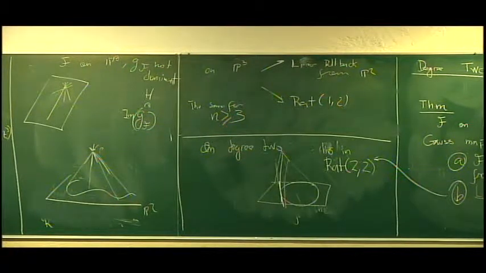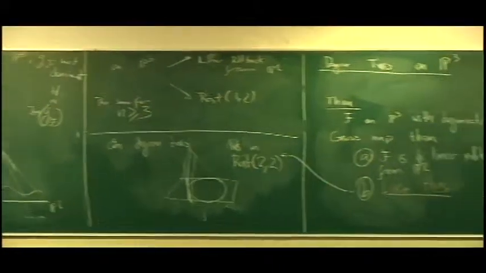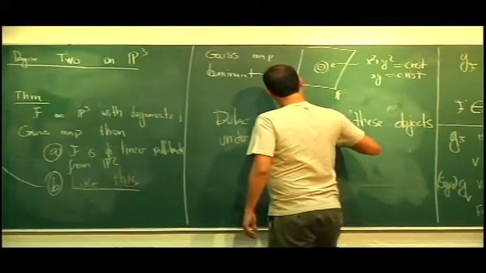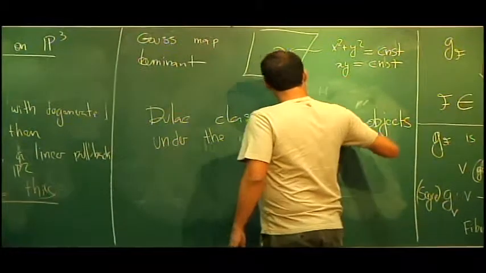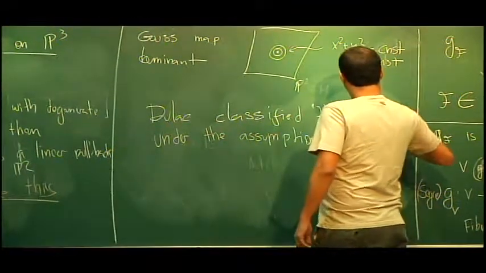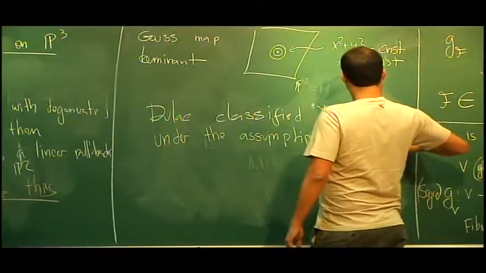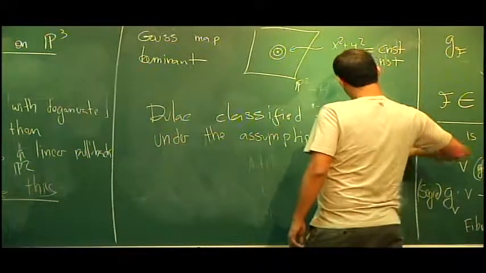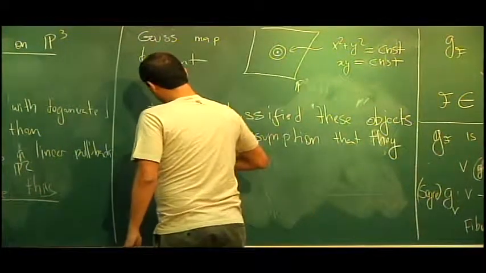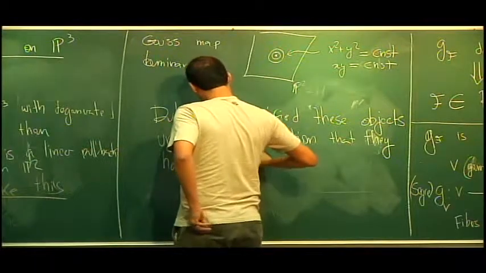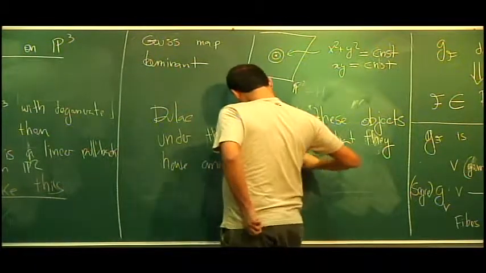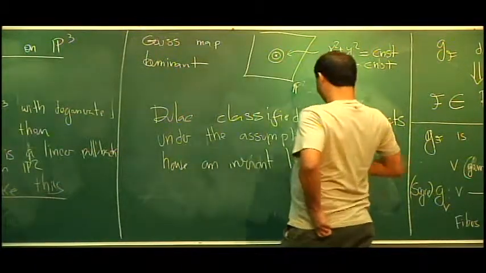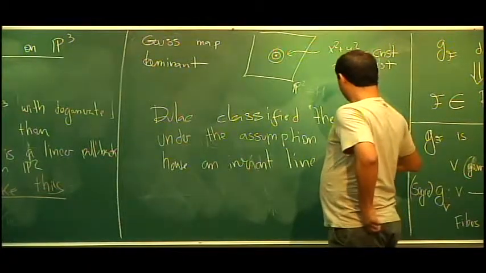So Dulac classified these objects, just to be clear, under the assumption that they have an invariant line disjoint from the center.